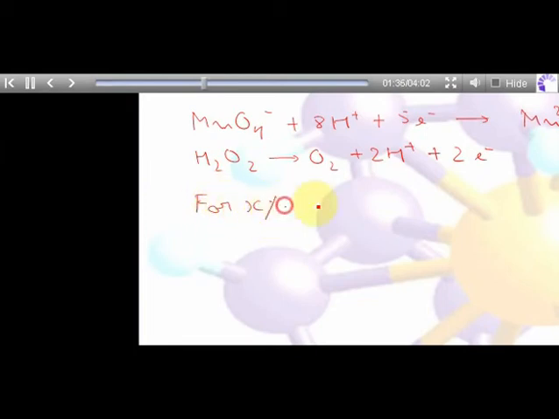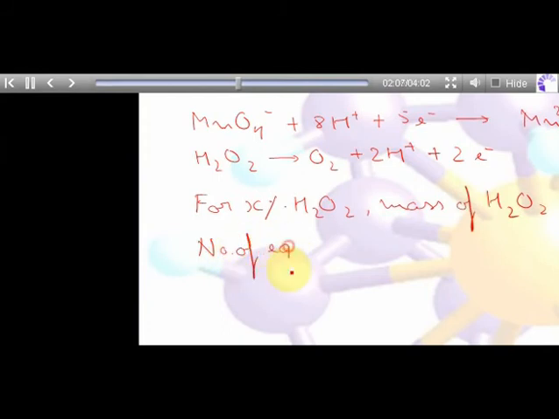Now for X% hydrogen peroxide by mass, the mass of hydrogen peroxide in the given 1 gram sample will be equal to X upon 100 into 1 gram, that is X upon 100 gram.